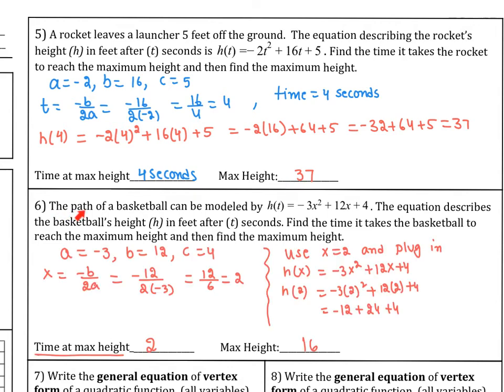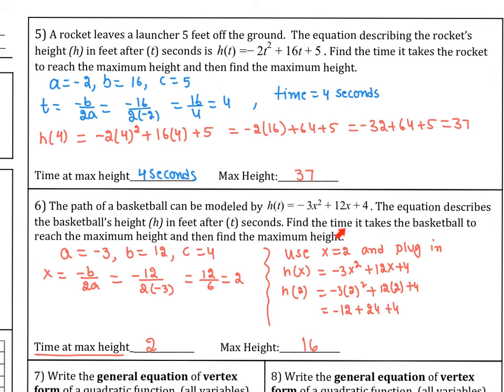For number 6, the path of a basketball can be modeled by h(x) equals -3x squared plus 2x plus 4. The equation describes the basketball's height h in feet and t or x in seconds. So I'm using x because I just used this variable for t this time.